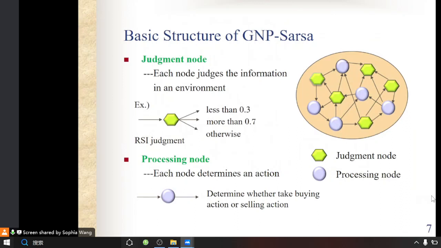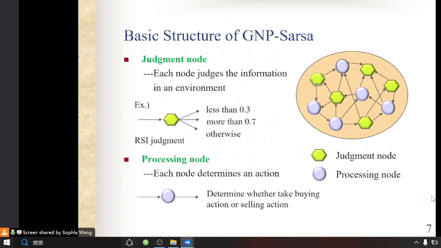And this is the basic structure of GMP and reinforcement learning. We can see that there are different judgment nodes and processing nodes in this figure. For the judgment node, each node judges the information in the environment. If you want to ask a robot to do stock trading, of course you should input the information from the outside environment into the robot.